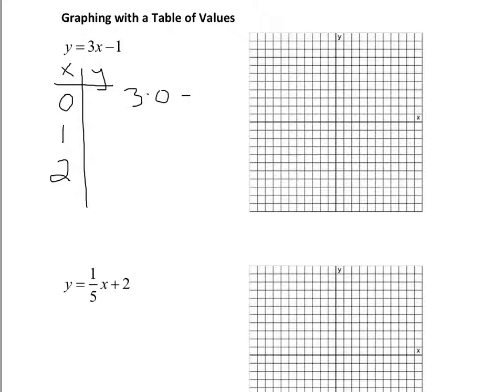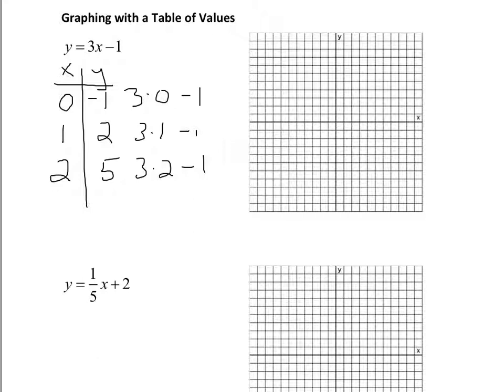So I have 3 times 0 minus 1, that's 0 minus 1, which is negative 1. If x is 1, I have 3 times 1 minus 1, or 3 minus 1, which is 2. And if x is 2, I have 3 times 2 minus 1, or 6 minus 1, which is 5.